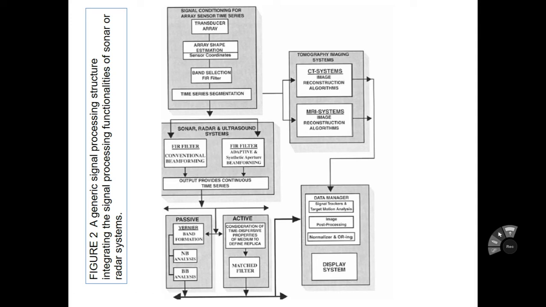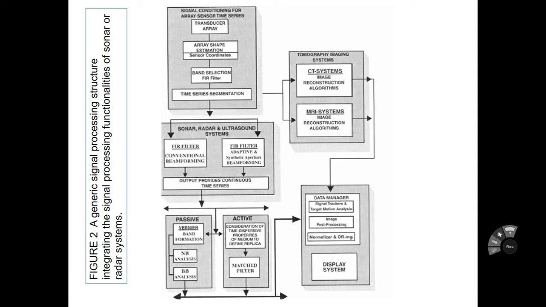And for example, if you analyze the motion of an object in linear coordinates, then we consider the sensors in linear coordinates. So this is the shape of a sensor array, and then the band selection using an FIR filter means it will select the specific band of signal frequency.